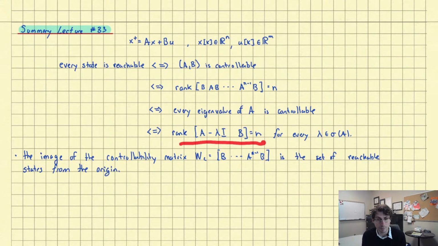You take A minus lambda I, where lambda is an eigenvalue of A, and put beside it the B matrix from the system model, and that matrix should have rank n for every single eigenvalue of A. And the image, or the column span, of the controllability matrix is the set of reachable states from the origin. So the rank condition above is simply saying that the column span of that controllability matrix is the entire state space.